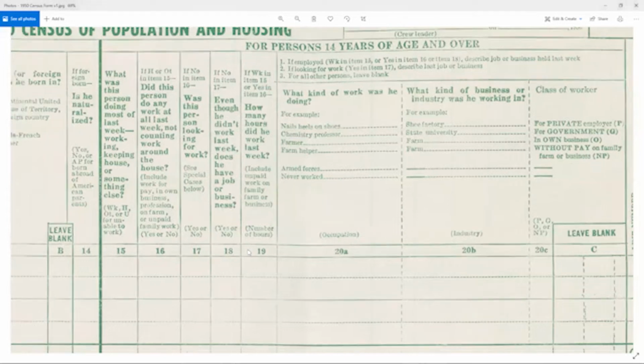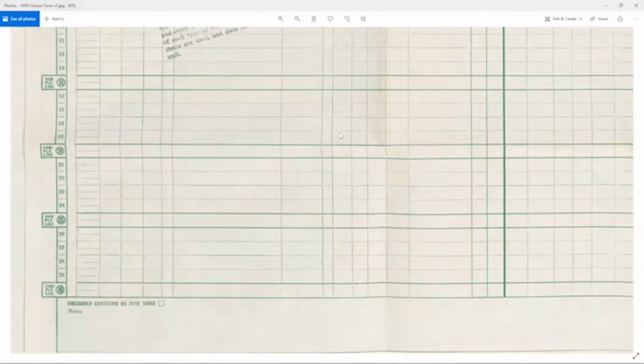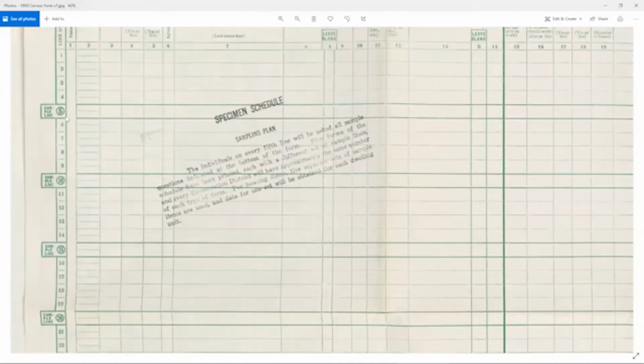All right. So we're going to kind of come back over here. I'll zoom out just a little bit here. And you'll notice that we have these little boxes and circles around certain numbers, and it says sample line. Now there are 5 different sets of sheets.